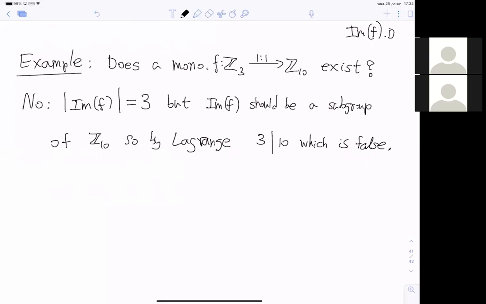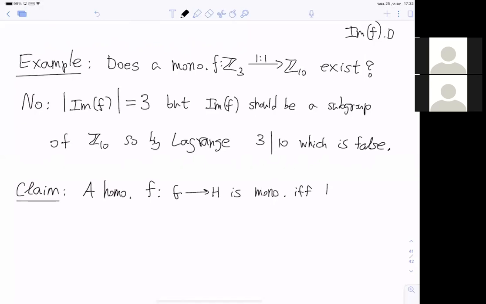Okay, claim: a homomorphism from G to H is injective, is mono, I mean injective, if and only if its kernel is trivial.